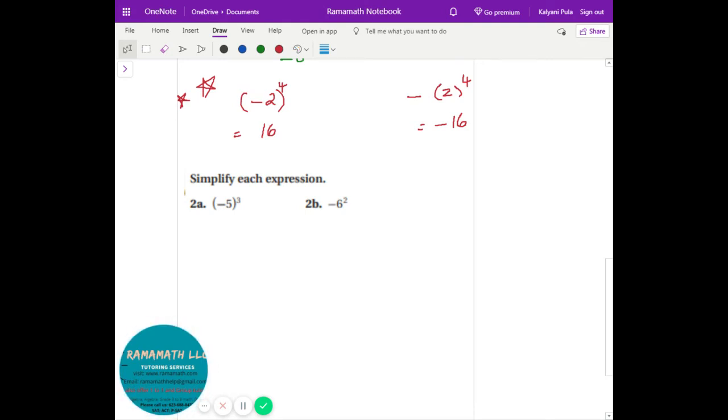Why is it negative 36? See, here this negative is outside. The square doesn't go for this negative, it's only for the 6. So negative outside and then 6 times 6 is 36. If the question were negative 6 in parentheses squared, then it would be positive 36. Good question.